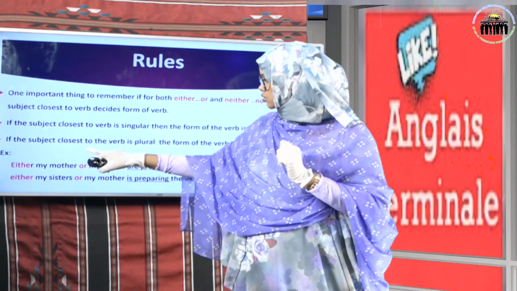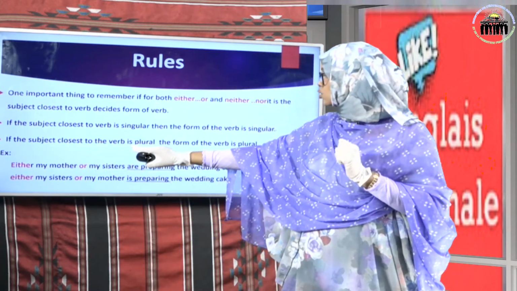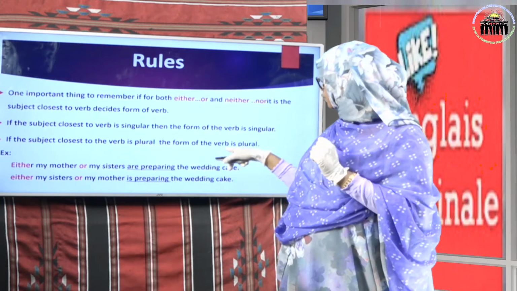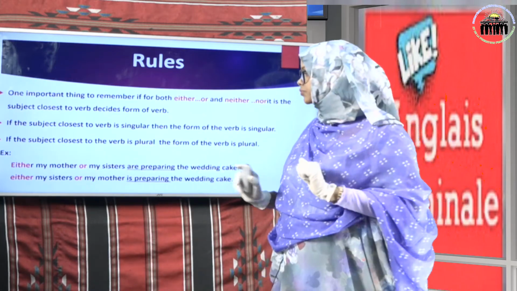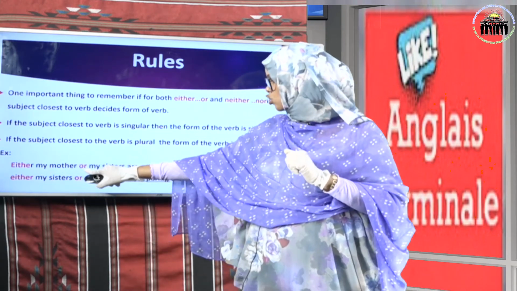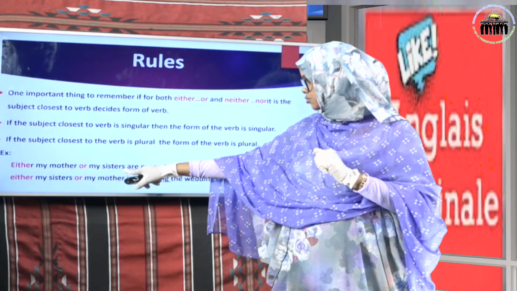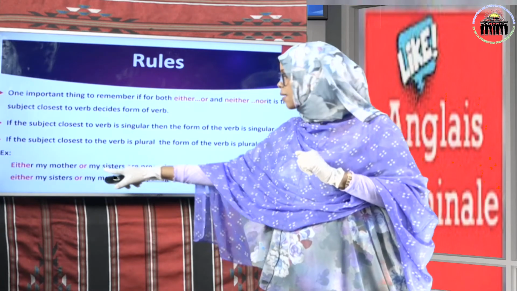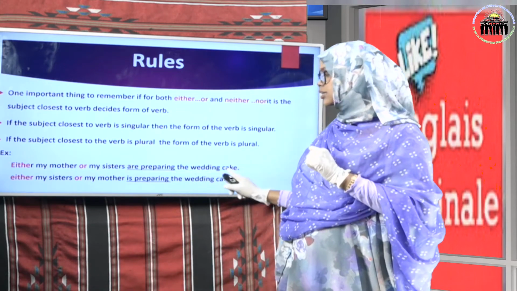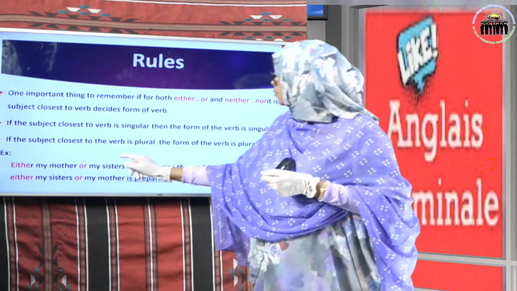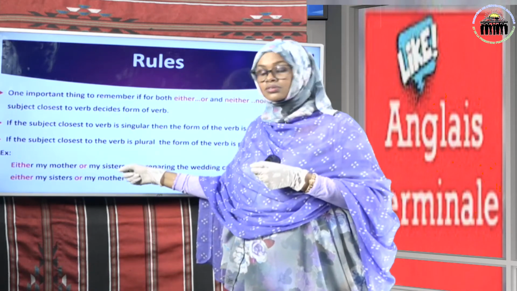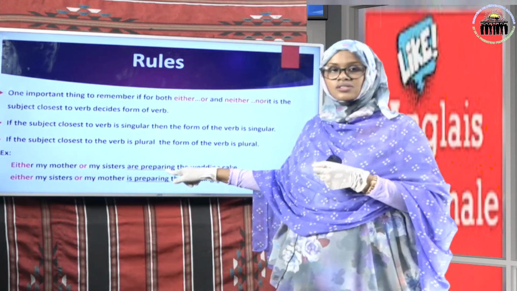If the subject closest to the verb is plural, the form of the verb is plural. Example, either my mother or my sisters, S at the end, my sisters are preparing the wedding cake. The word sisters is plural. The verb is plural.